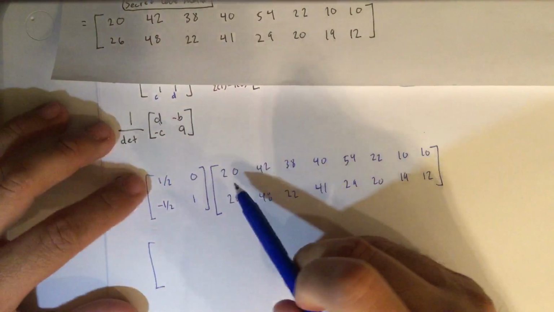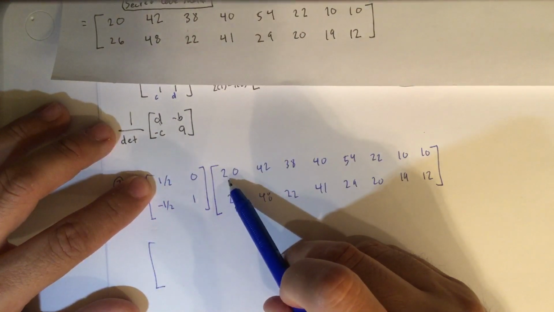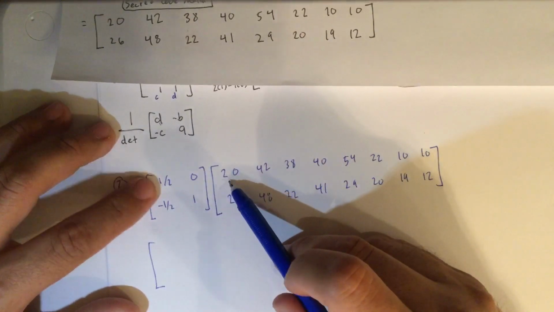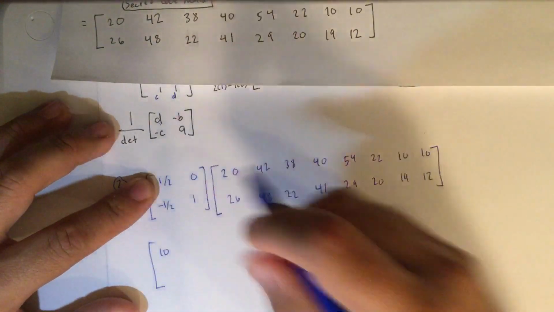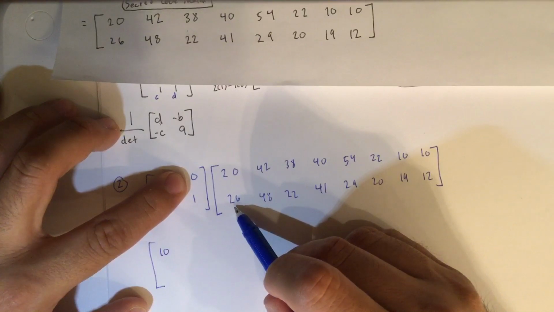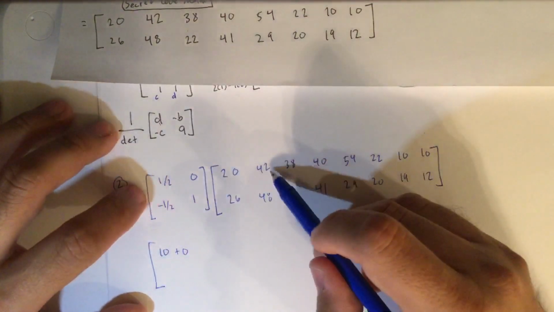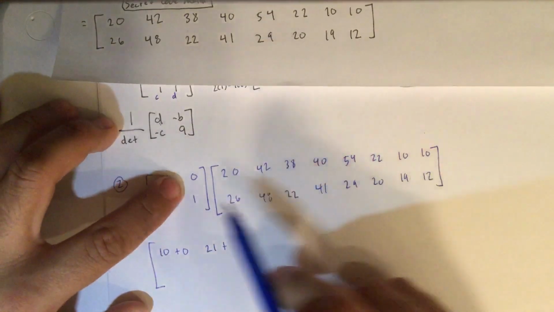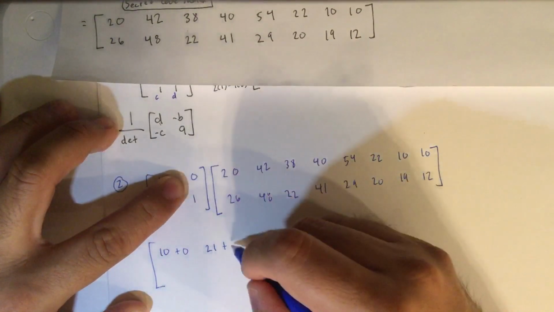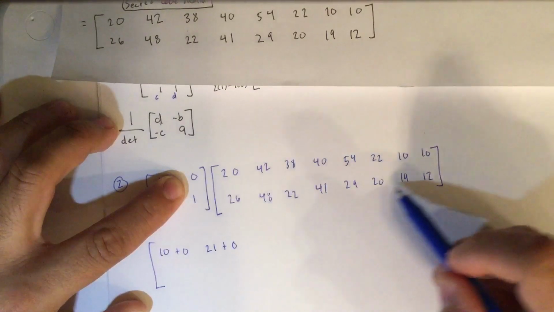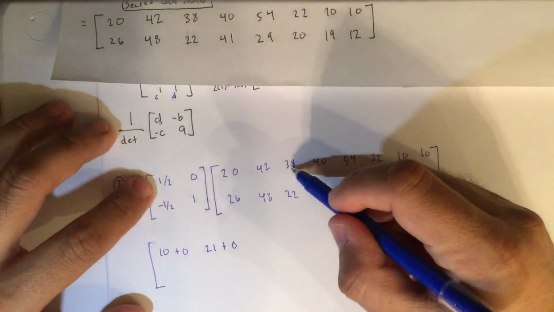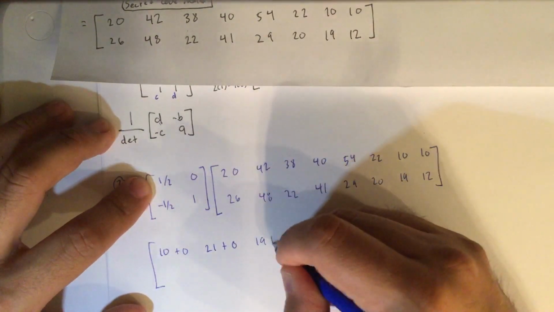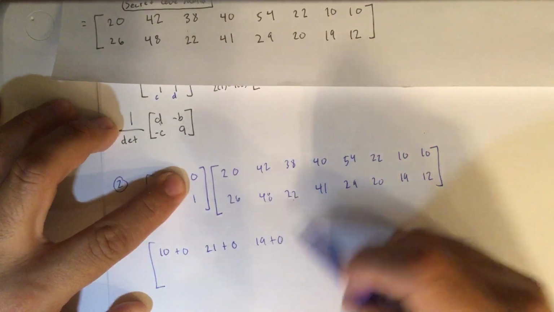Let's see the work. So half of 20, I'm not going to show the work here, I'm just going to do it. Half of 20 is 10. 0 times 26 is 0. Half of 42 is 21. Now you see this number is 0, it's always going to be 0 for the second number because 0 times anything here is always 0. Half of 38 is 19 plus 0 because 0 times 22 is 0.